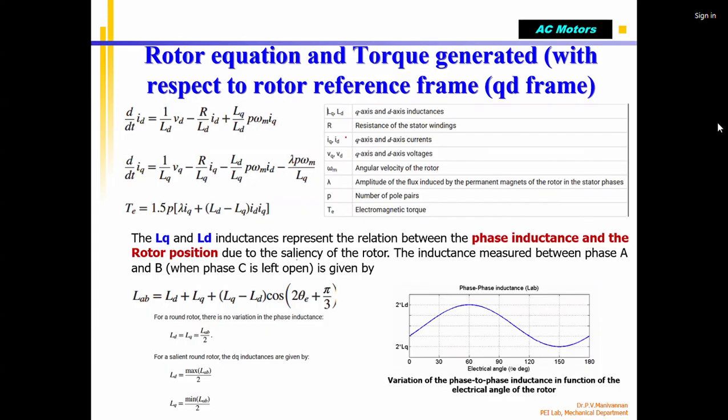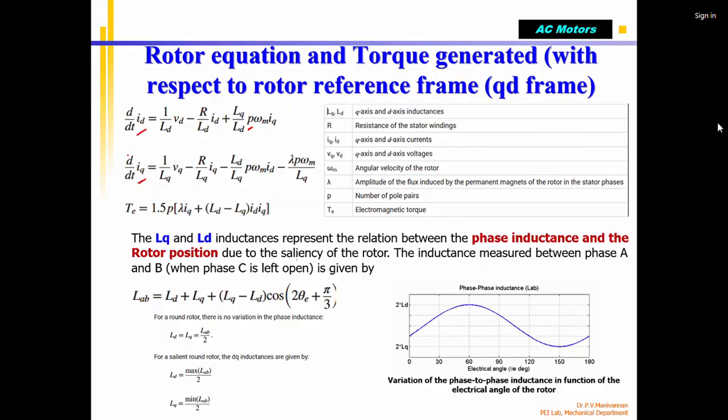All the parameters are explained here, where P is the number of pole pairs, correct? When the problem is given, the poles or pole pairs will be given. We know that in the synchronous motor rotor there are two currents flowing: one is called ID, the other one is IQ.